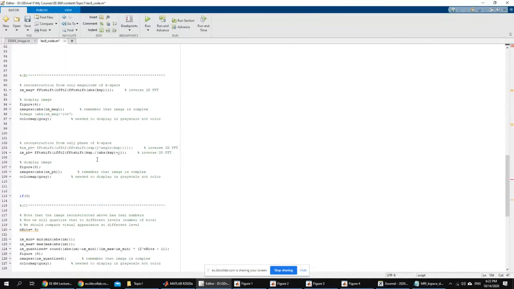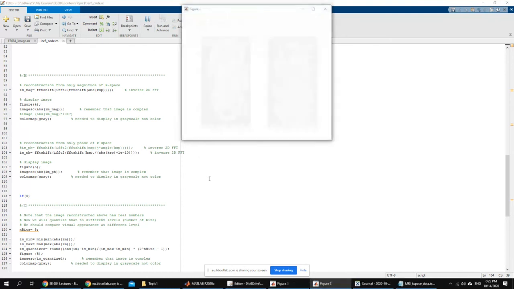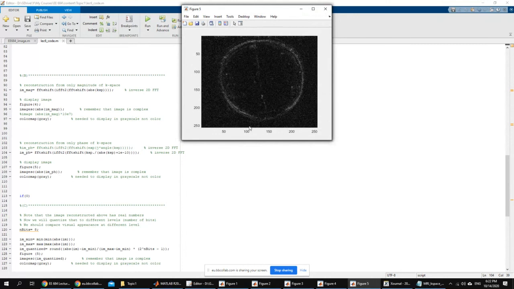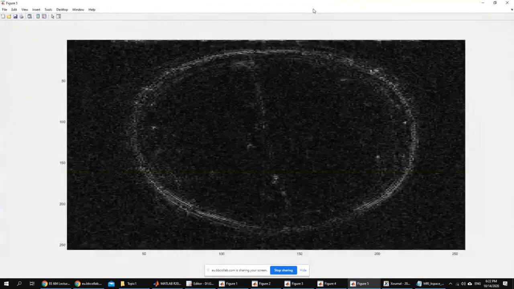When you have something in the denominator, sometimes it's better to put something very small there, making sure that the number in the denominator is never 0. Because if it's 0, then things will come out a little bit off. Actually, this is the case. We got something that looks like something.